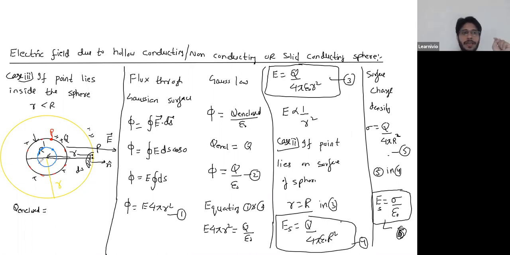So if I take a point inside the sphere, then the charge inside that point is zero. Q enclosed should be zero in this case. If Q enclosed is zero, that means electric field inside the sphere is zero. Got it?